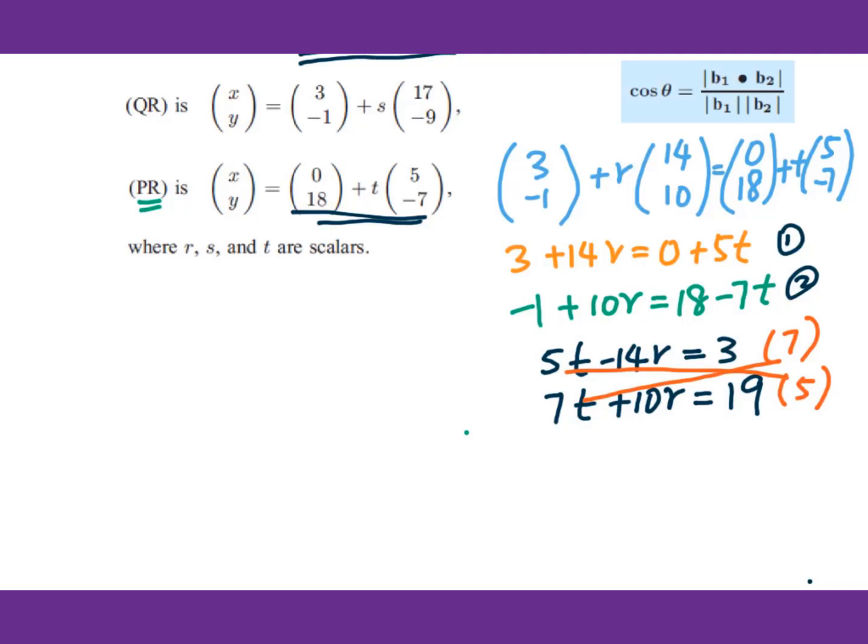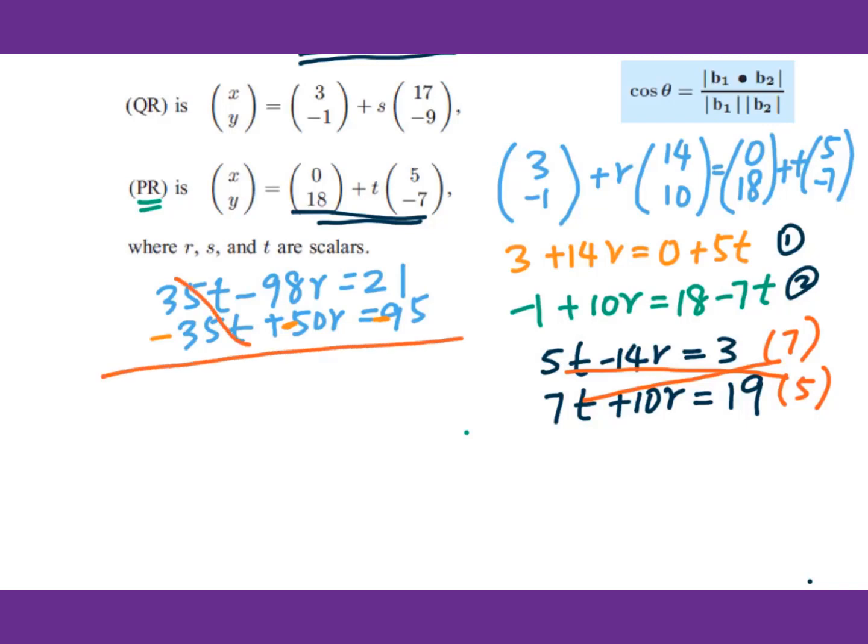You will get 35t minus 98r equals 21, and 35t plus 50r equals 95. We need opposite variables, so we change the sign. This is negative, this is negative. Then we add together. This is gone.